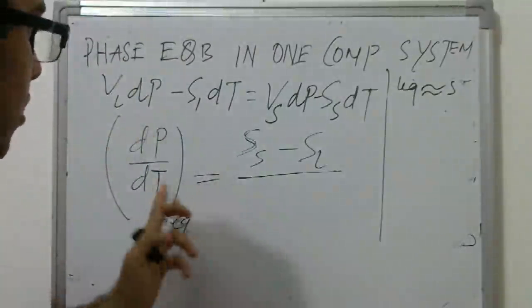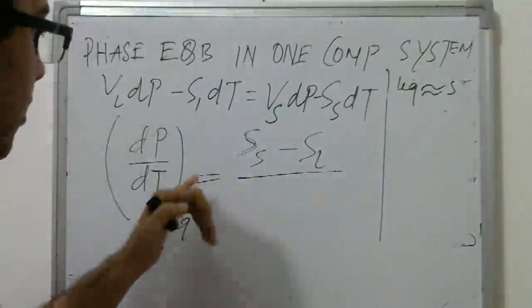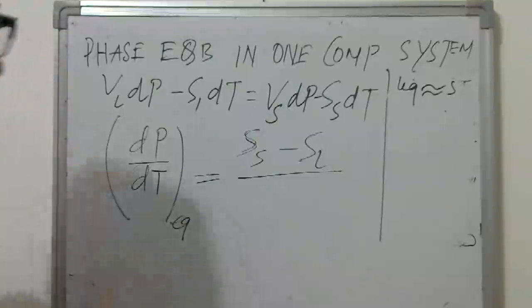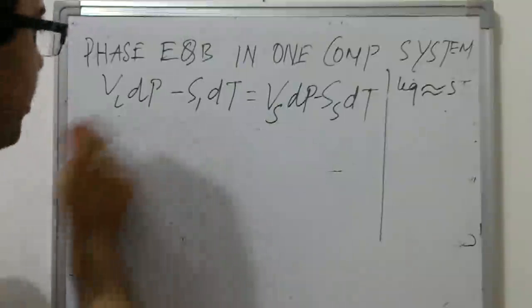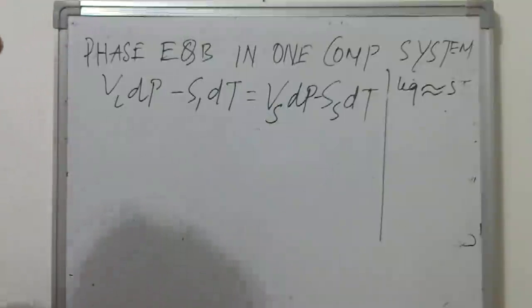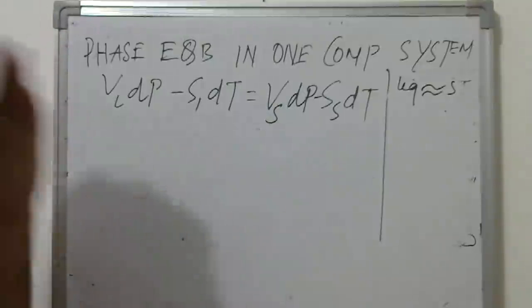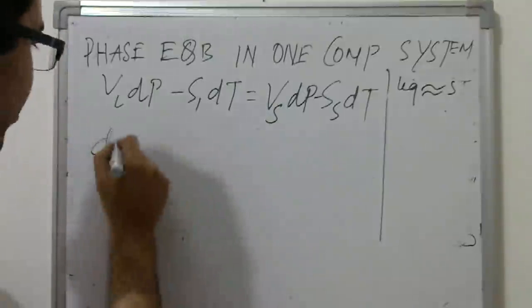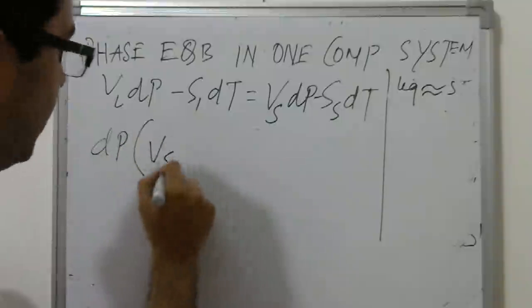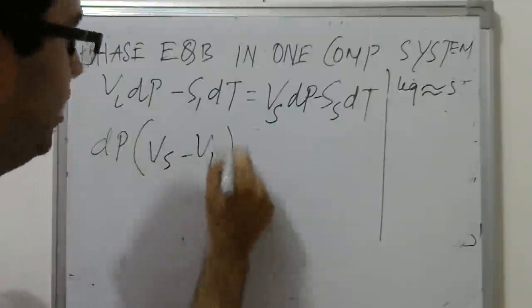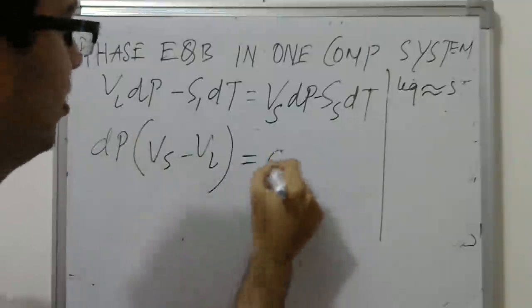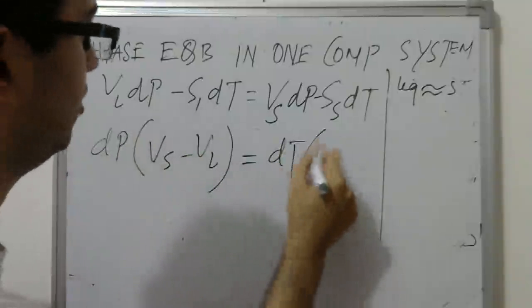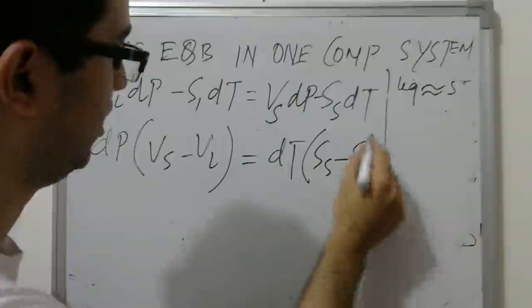Let's break it up. So dP times minus VL is dT times SS minus SL, right?